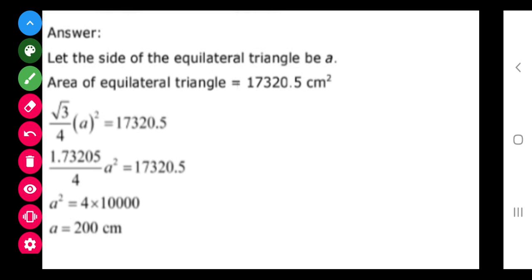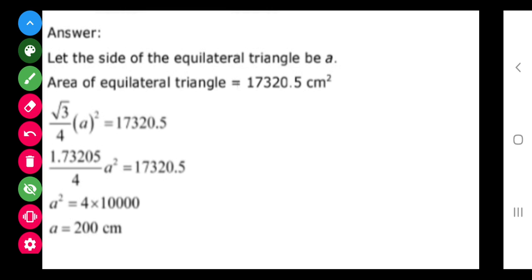Now see the solution. Let the side of the equilateral triangle be a. So the area of an equilateral triangle is root 3 upon 4 a square. Now the value of root 3 is already given in the question.